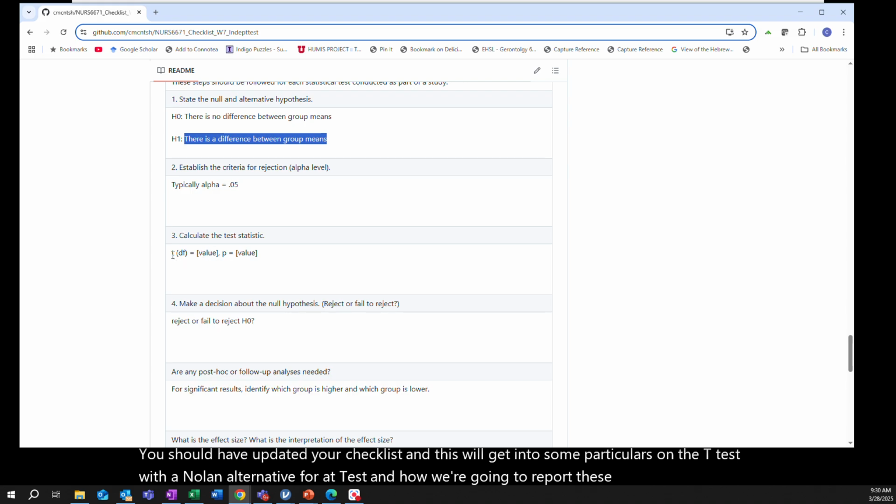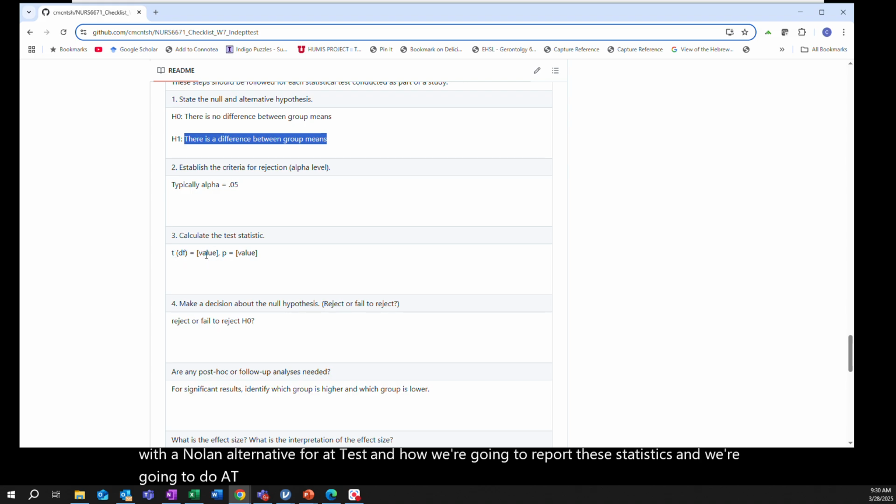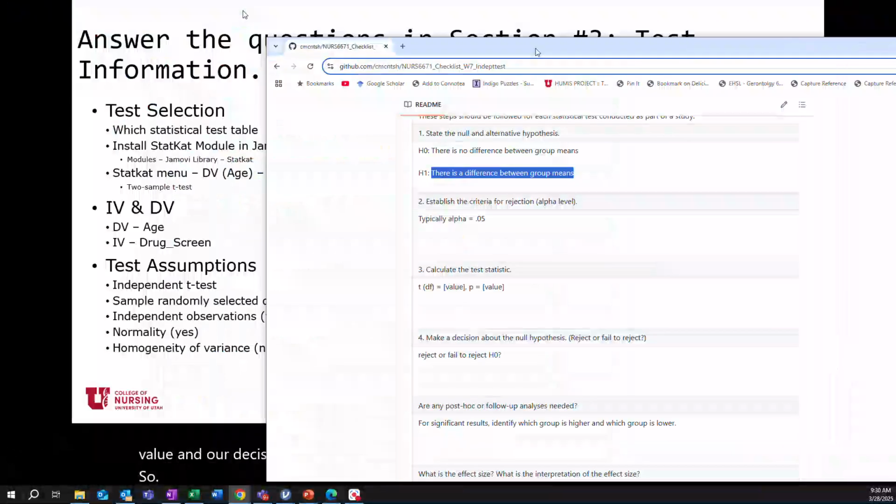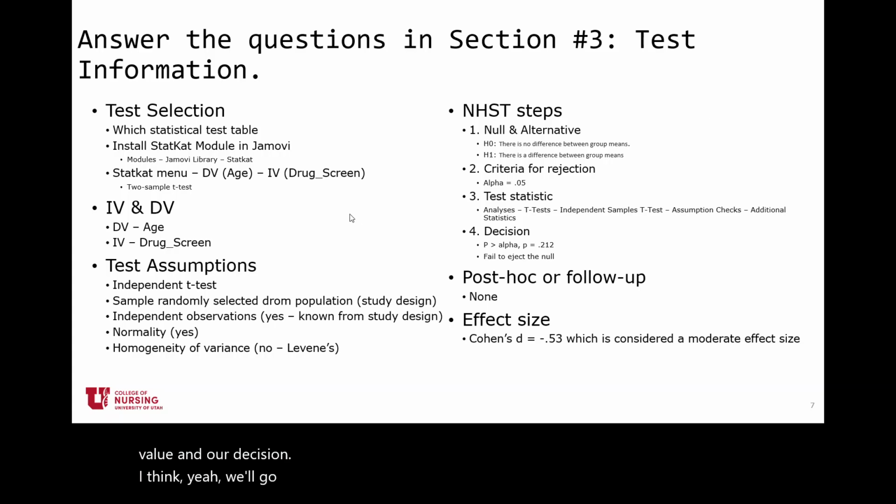We're going to do a t-statistic with degrees of freedom and a value, and then a p-value with a value, and our decision. So I think, yeah, we'll go with that for right now.